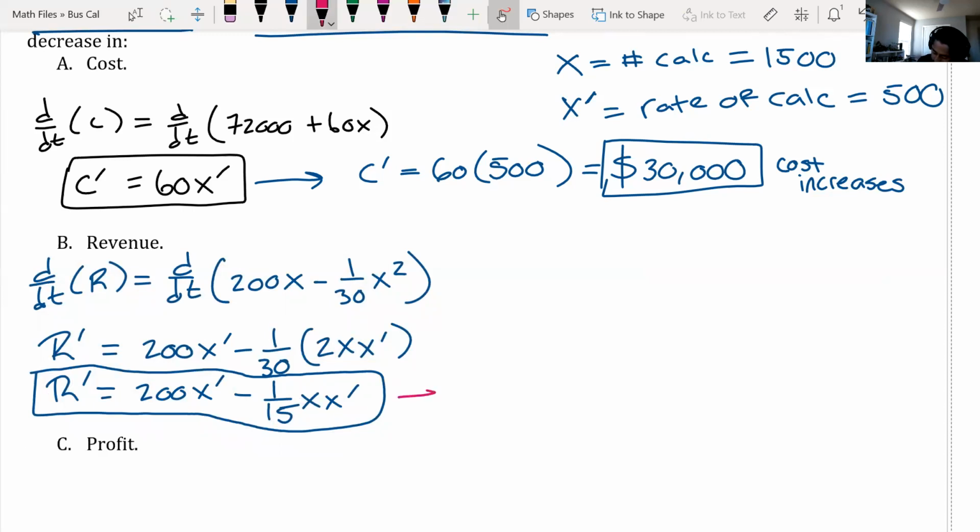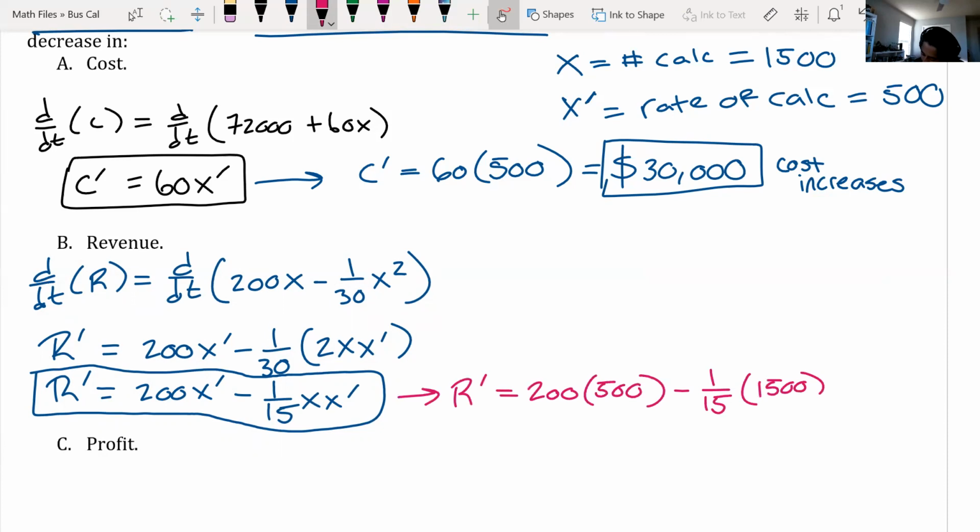So we're going to say R prime is equal to 200 times x prime, which is 500, minus 1 over 15 times x, which is 1,500, times x prime, which is 500.